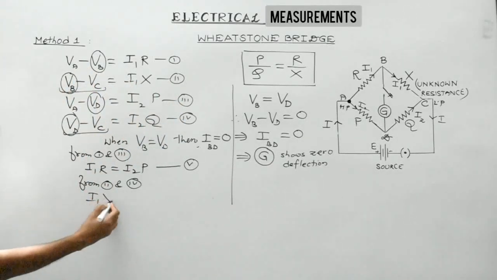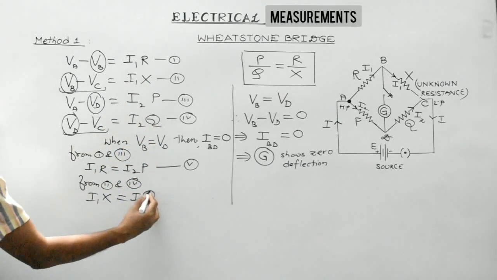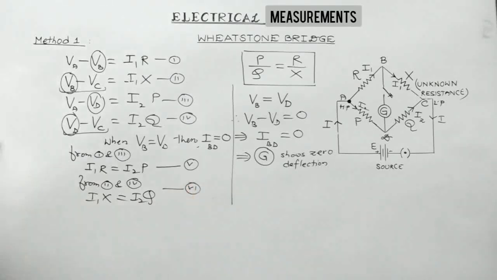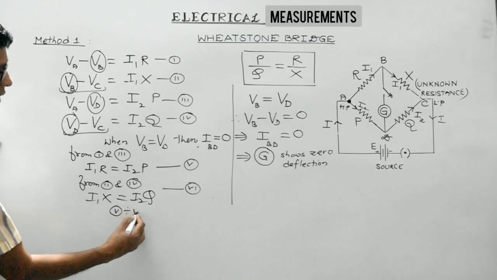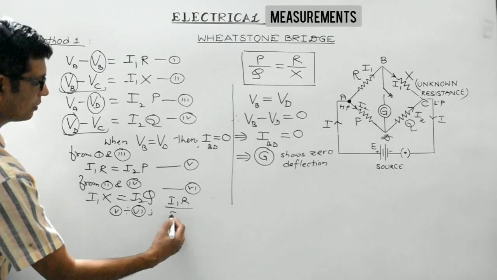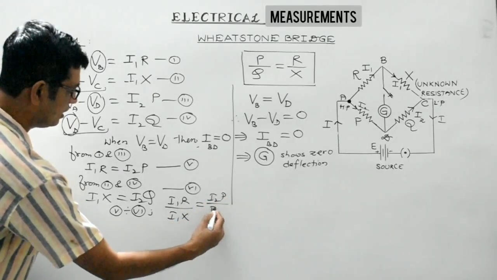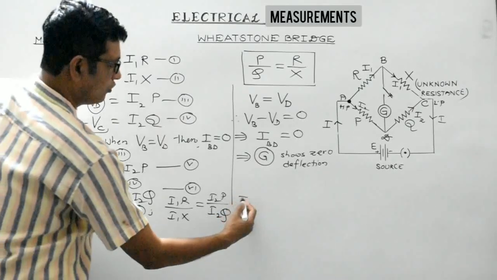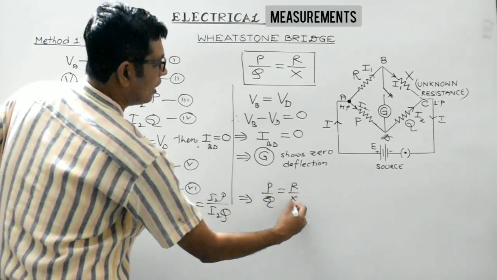Therefore, I1X would be equal to I2Q. Now, dividing these two, we should get the result. So, 5th divided by 6th. What we get is I1R divided by I1X is equal to I2P divided by I2Q, which implies that P by Q is equal to R by X.